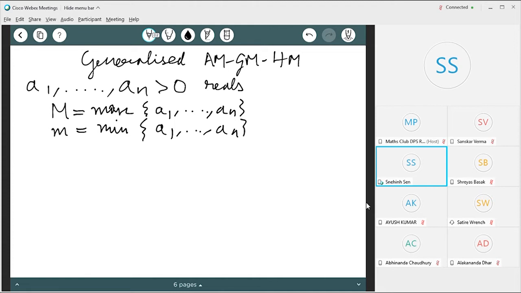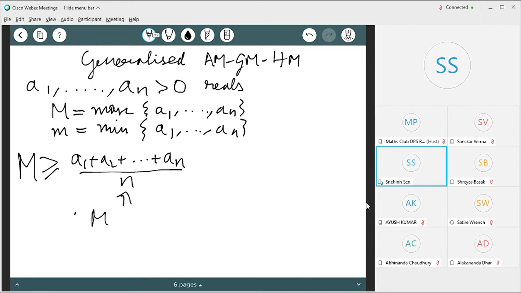That's not a challenge. So our AM-GM-HM inequality would say capital M is greater than or equal to A1 plus A2 plus dot dot dot plus AN, divided by N. This is the arithmetic mean, your known average: take the sum and divide by the total number of values.